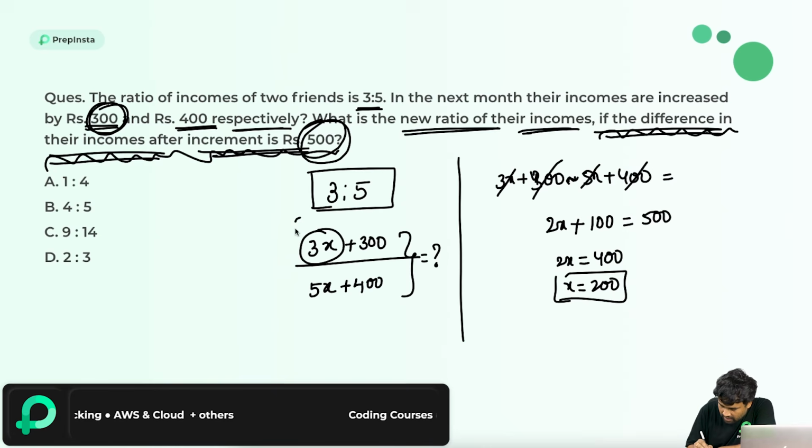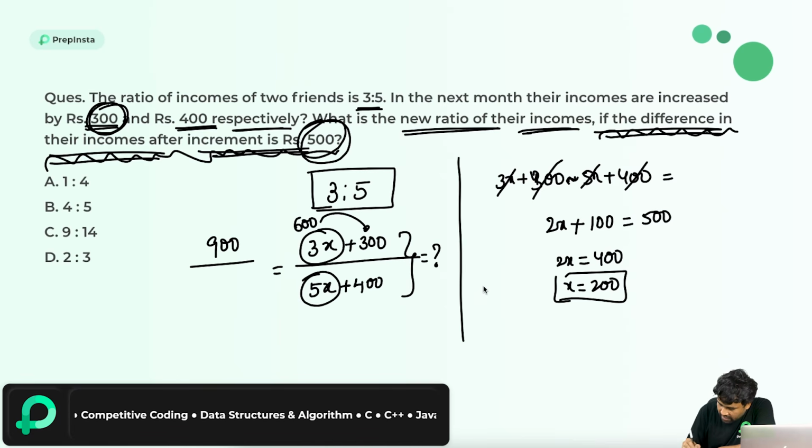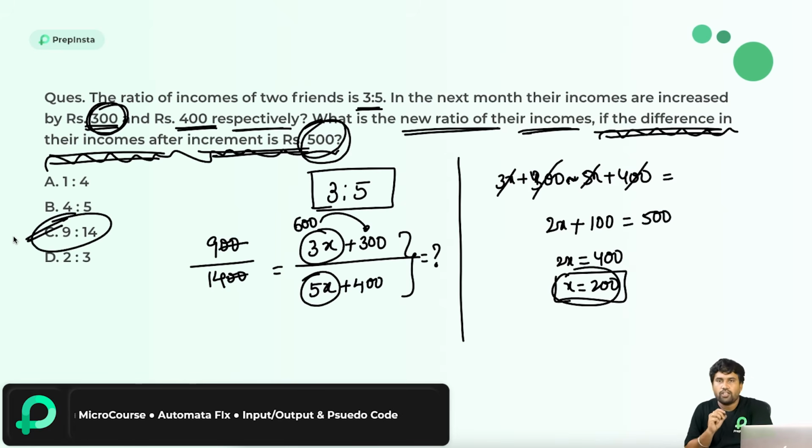Which is nothing but 600. 600 plus 300, 900. Next, 5 times x is nothing but 1000. 1000 plus 400, 1400. Zeros got cancelled. 9 into 14. So the ratio of new incomes is 9:14, and 9 and 14 are co-primes. We can't reduce them further. So the final answer is 9:14.